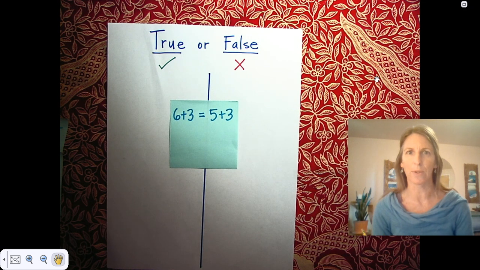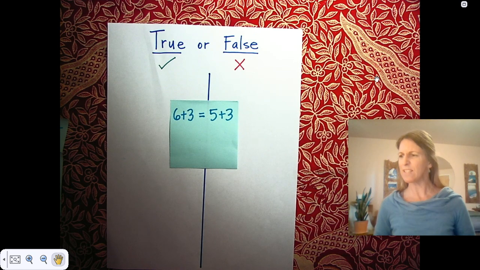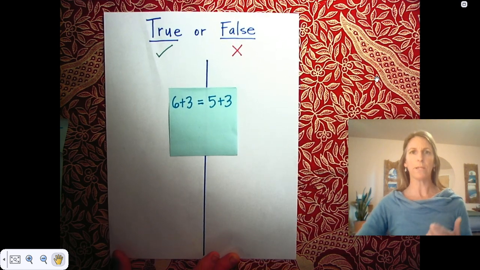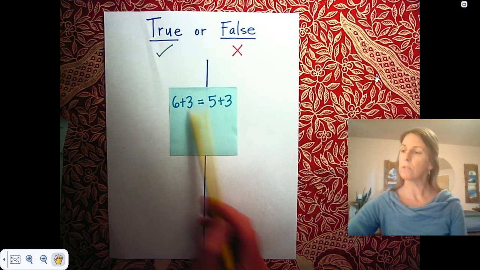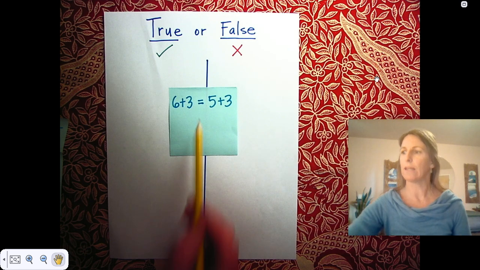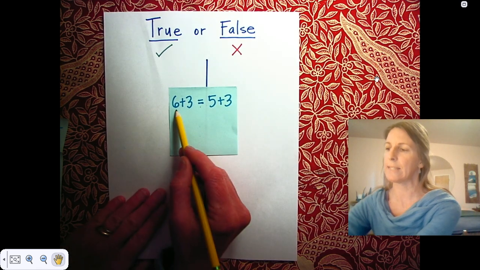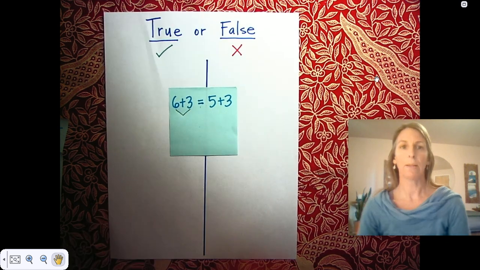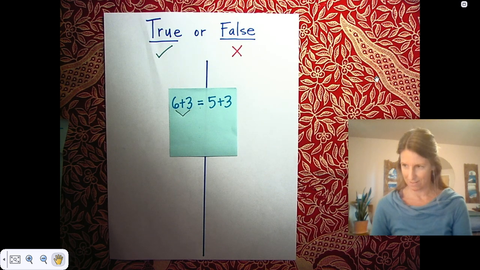I don't think that you will, because I remember when we were back at school together, we saw some of these, and this is what we did. We figured out what this side equaled and what this side equaled, and then we decided if they were the same or not.